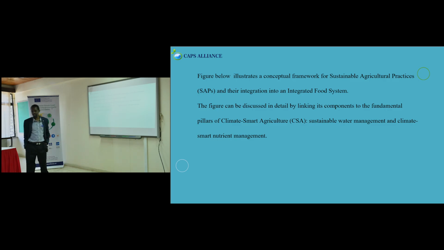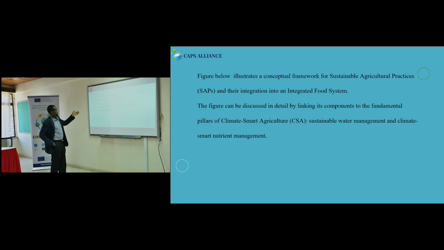So sustainable agriculture practices, and we know them. We discussed this yesterday and we are discussing this morning. Sustainable agricultural practices that are going to minimize greenhouse gas emissions and give us better performance and profitability.